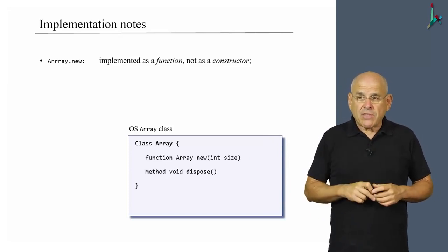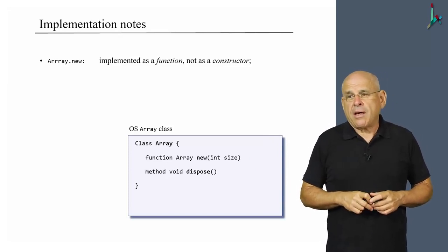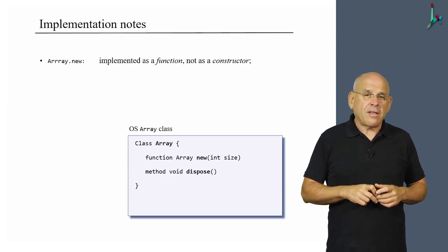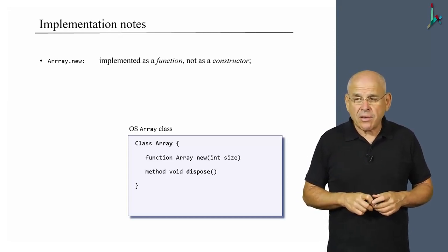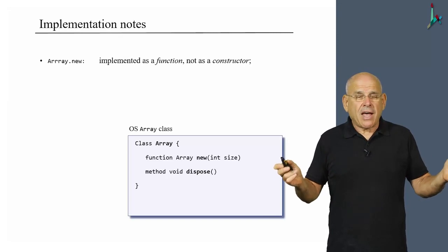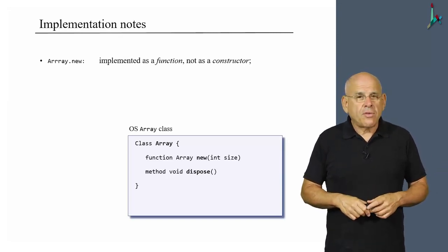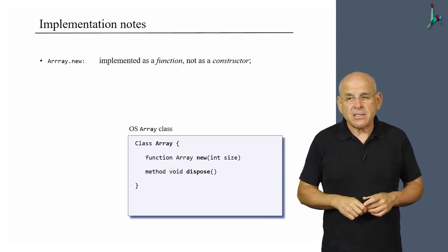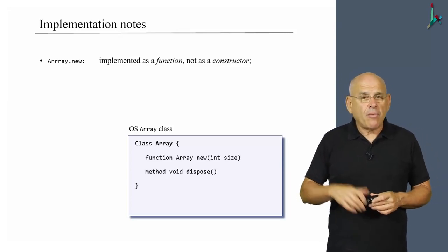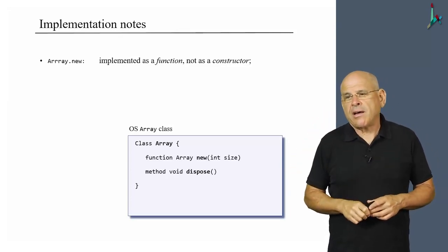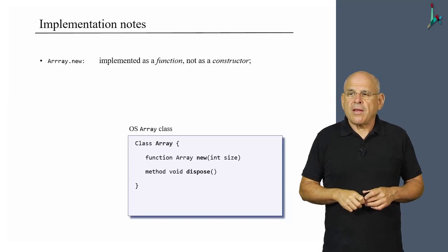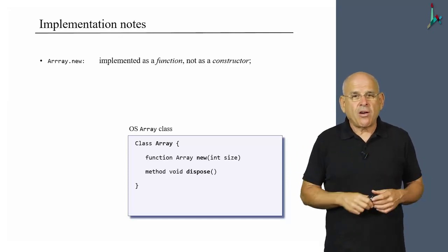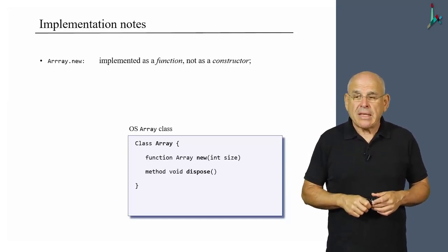So if this were a constructor, then the code that the compiler would generate for this constructor would be programmed by design to go to the symbol table of this class and count how many fields are being used to represent objects of type array.